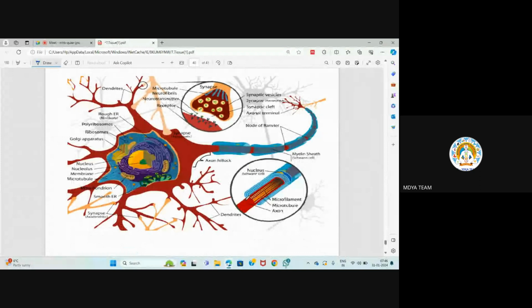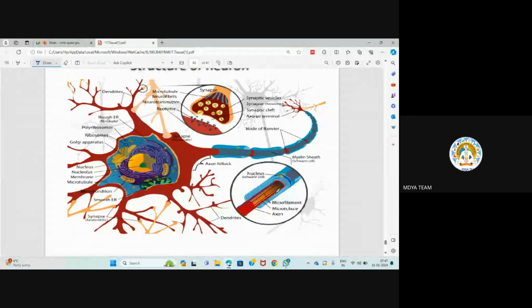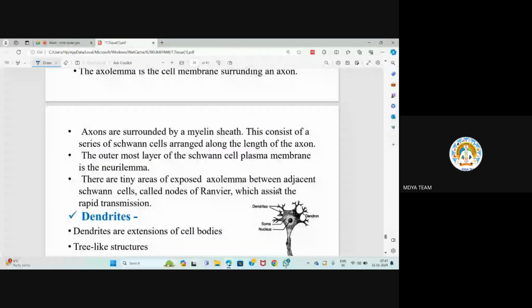The axon is present and the layer covering the axon is the axolemma. It is like here, meaning the covering of the axon, and then the myelin sheath is covering the neuron axon. So the membrane covering the axon is known as the axolemma.